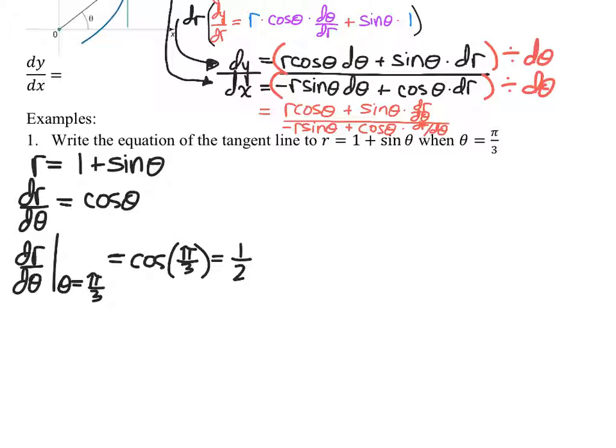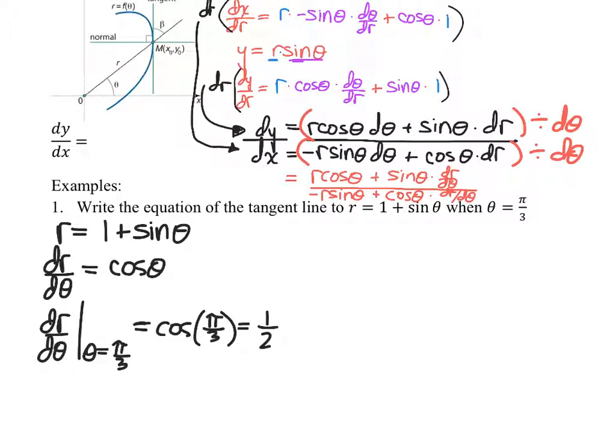I need to get an r cosine theta in there. I need to get a sine of theta, all when theta is equal to pi over 3. All right, so let's do that a piece at a time. So let's figure out what r is going to be at pi over 3. It's going to be 1 plus sine of pi over 3.